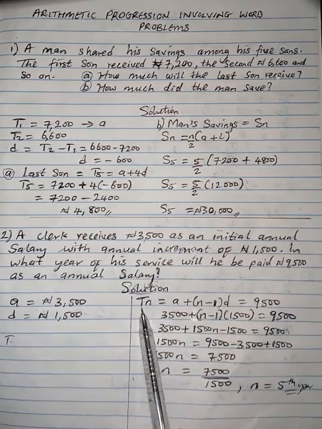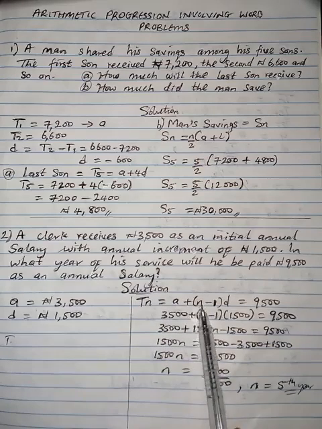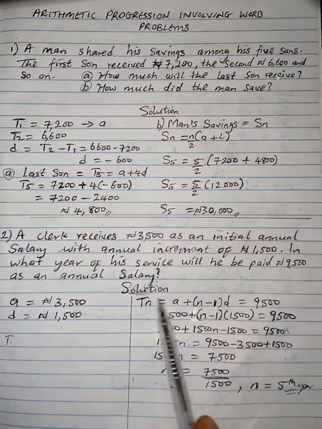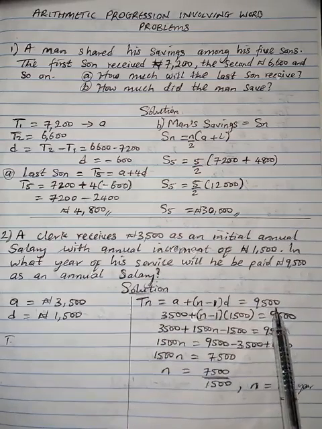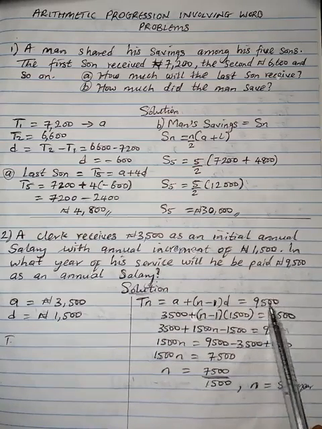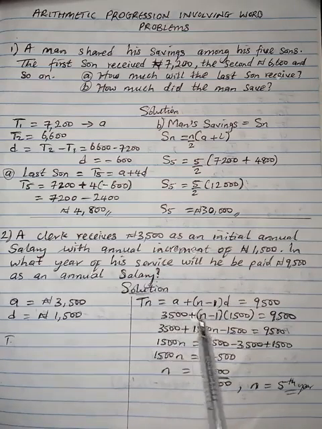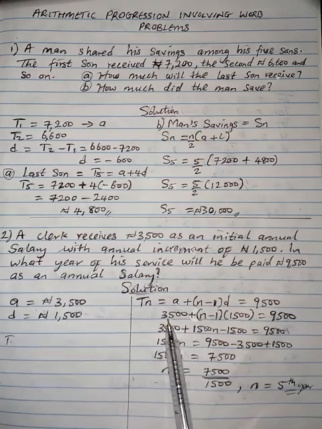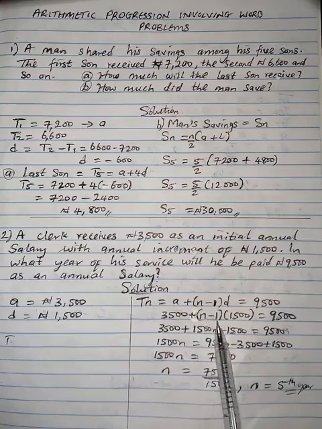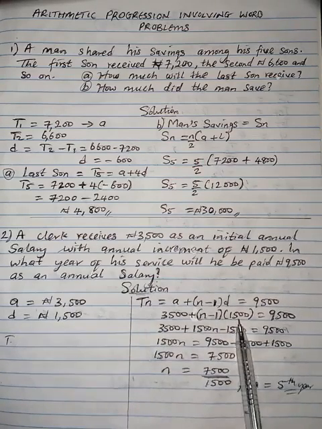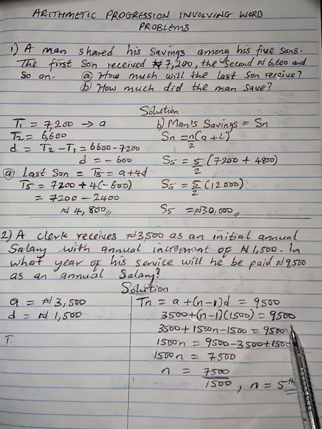All right. Now using the general term, we have a plus bracket n minus 1 close bracket d equals the term we are dealing with now, 9,500. So this is the amount that we are looking for. We now have a, my first term, which is 3,500, and then n, which is not known, minus 1. d is given as 1,500, that's the annual increment, equals 9,500.